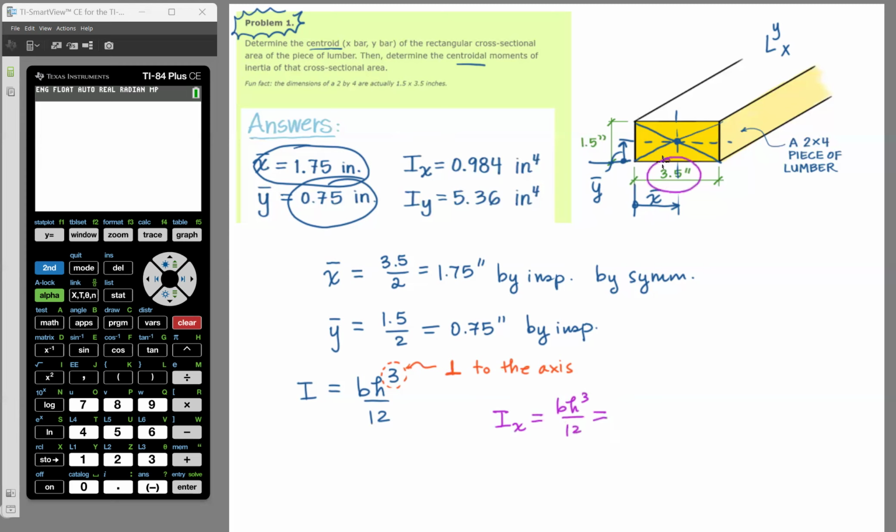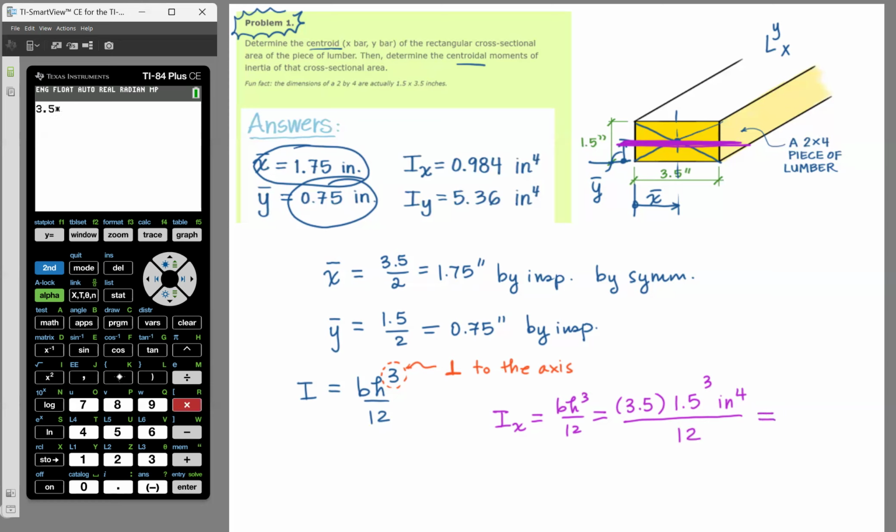And so I've got a 3.5 and a 1.5. My centroidal x-axis is this one. So the one I want to cube is 1.5. Okay, inches to the fourth in the numerator, 12 in the denominator. And we can punch this through.